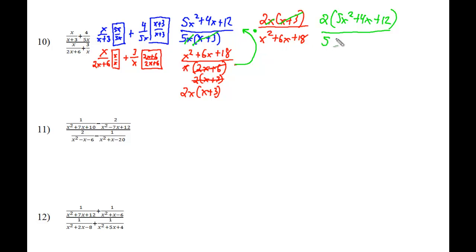Let's write our denominator 5 times x squared plus 6x plus 18, because there's no sense in trying to factor the numerator if the denominator can't be factored either. And I can't think of two numbers to multiply to make 18 and add to make 6. So since the denominator can't be factored, there's no sense in going through the process of trying to find combinations to make this middle term of 4 in the problem, so that would be our answer.